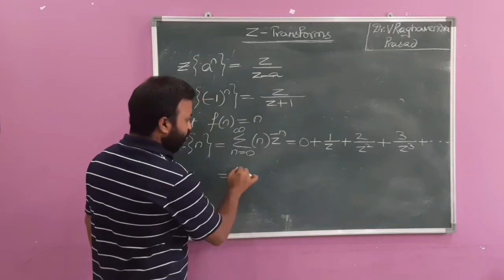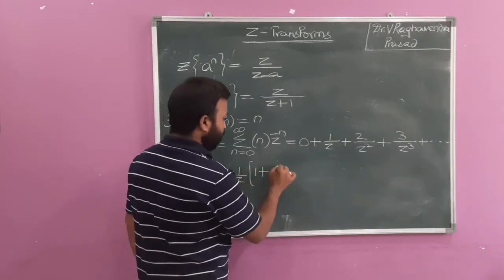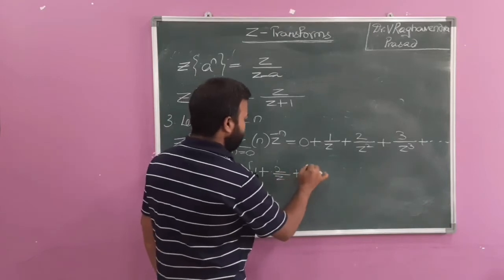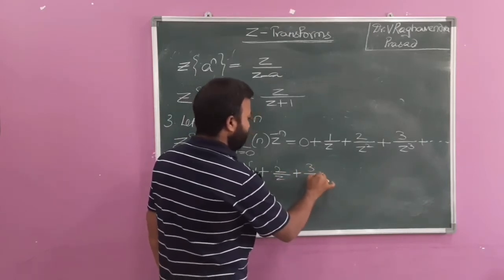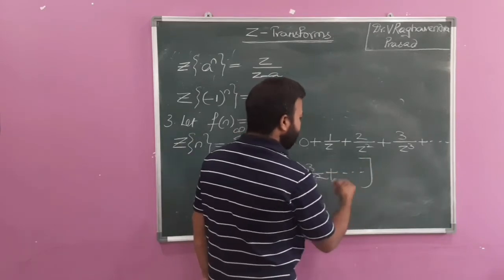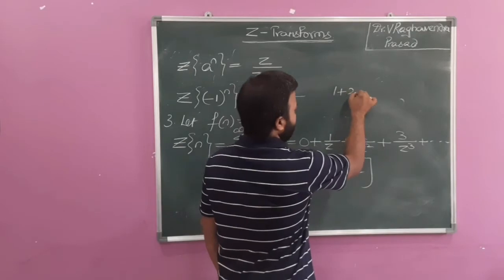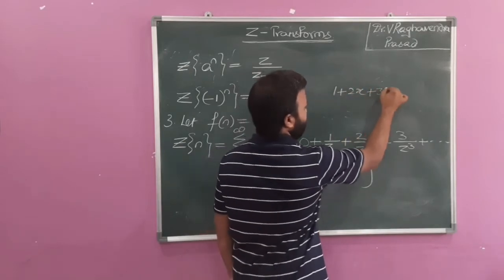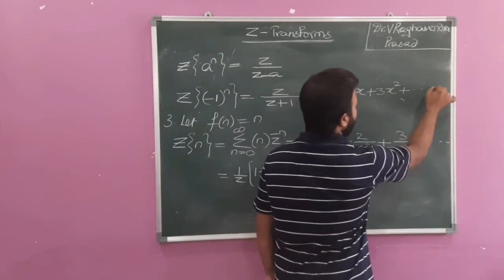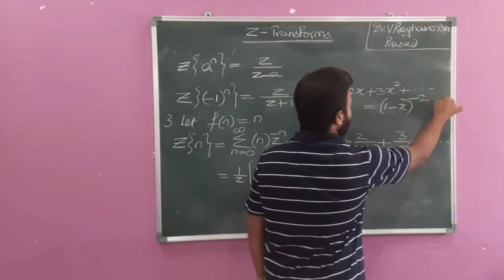Now, taking 1 by z as common, we have 1 plus 2 by z plus 3 by z square plus and so on. This is the expansion of the type 1 plus 2x plus 3x square plus and so on, which is equal to 1 minus x to the power of minus 2.